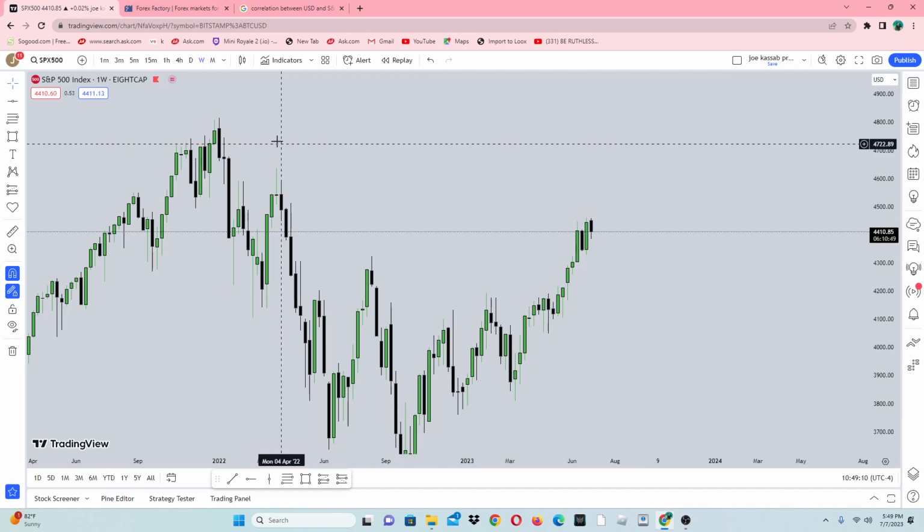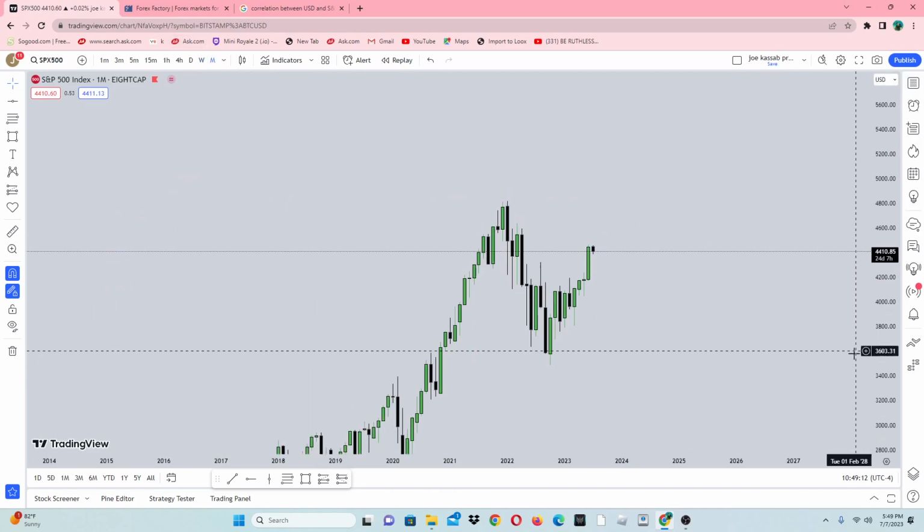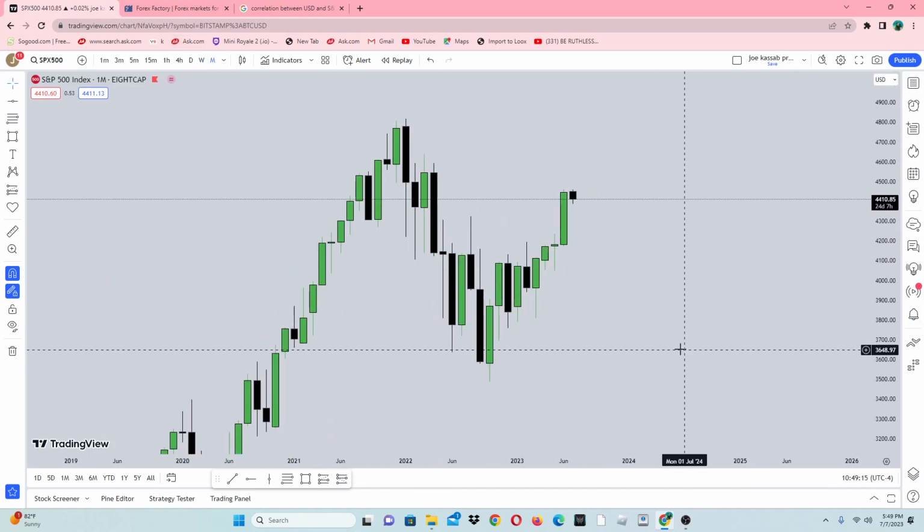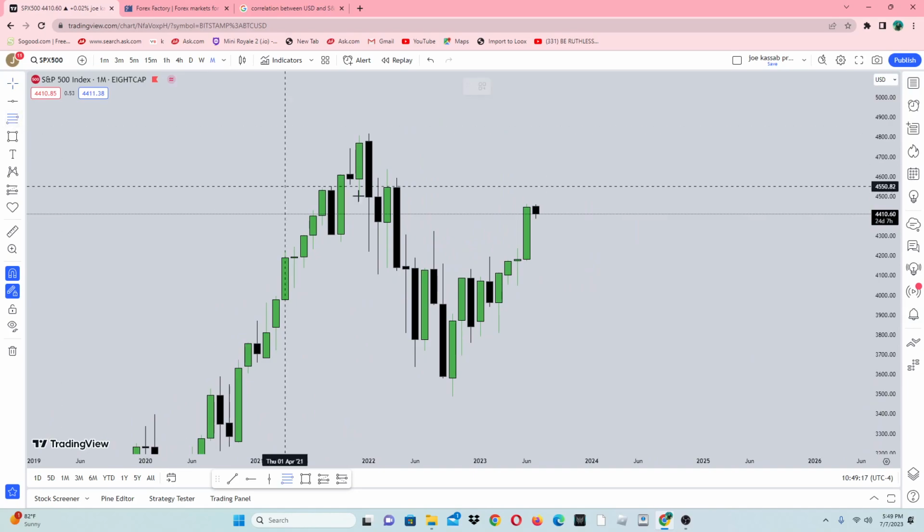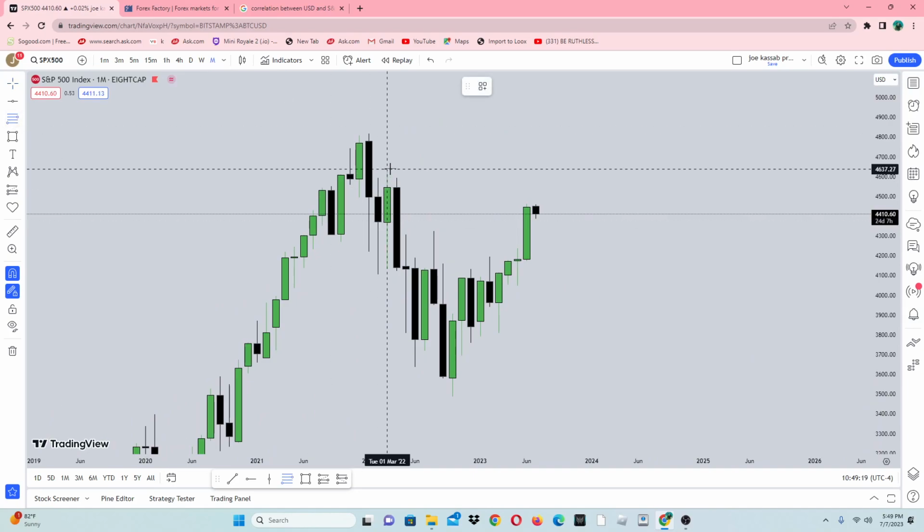So what I did is I went to the monthly chart. So if we see on the monthly chart, we have this proportion block here.